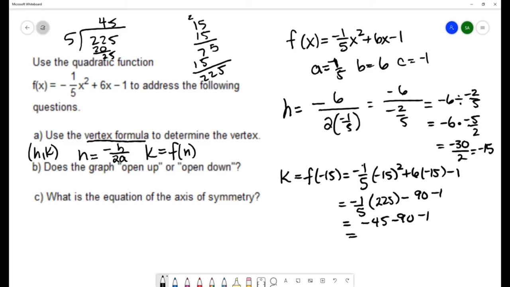And that gives negative 135, minus 1, that's negative 134.